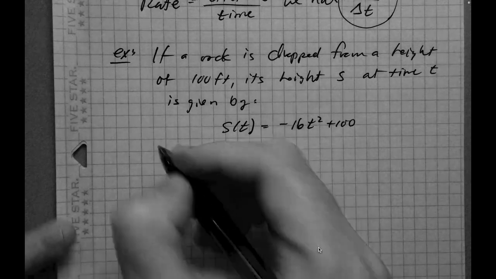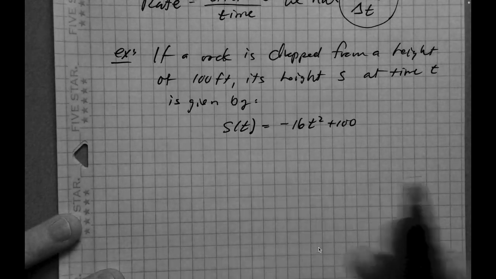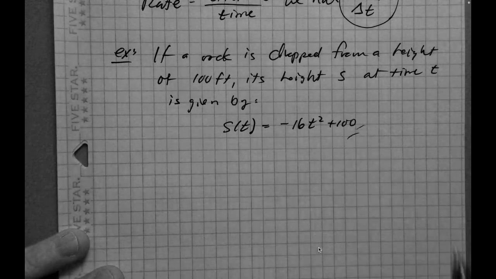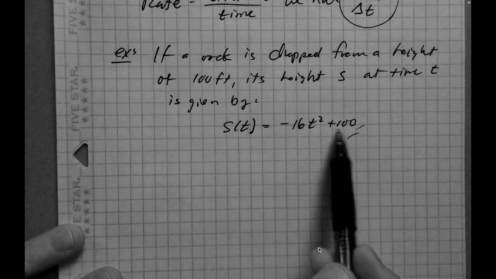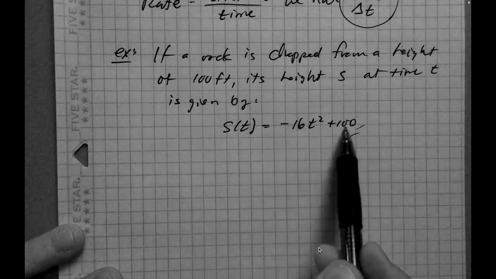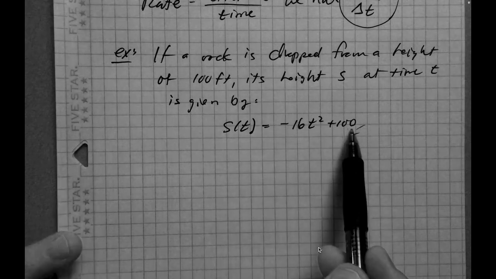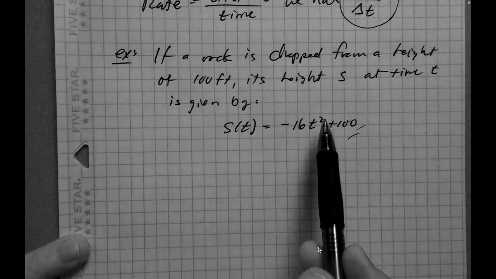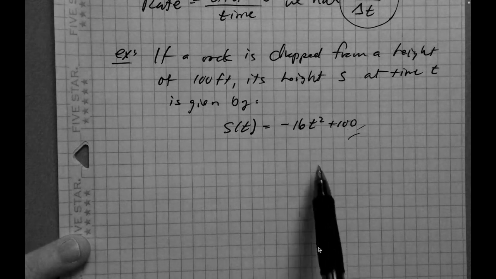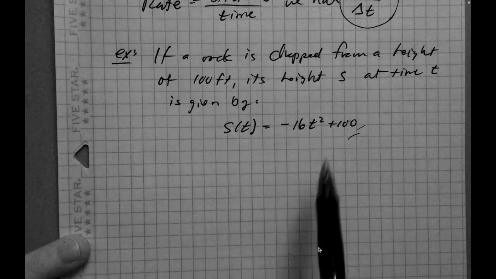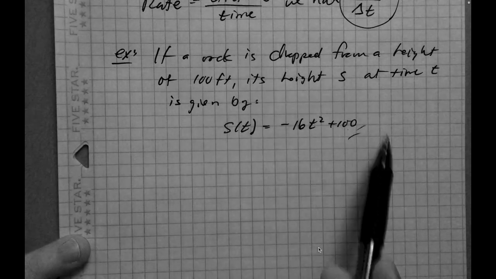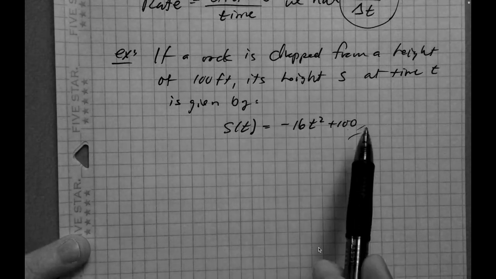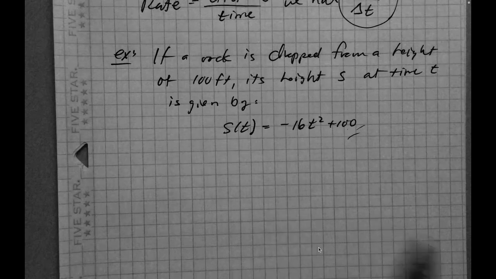In this case, s is measured in feet and t is measured in seconds. Basically, we start at 100 feet when t equals 0. The position is 100 feet. Then you drop the rock from height 100. It begins to pick up acceleration and drops rapidly towards the ground. This function tells us where it is t seconds into its fall.